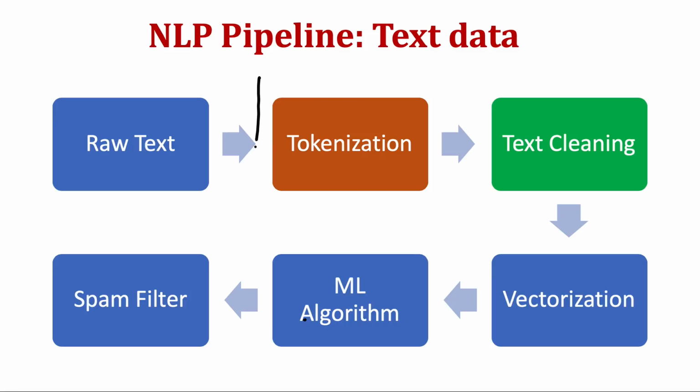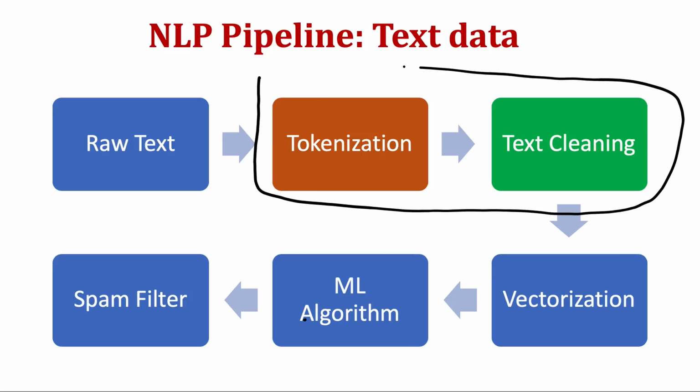So let's combine these two into one step, and we will call this pre-processing, because we are taking the raw text data and tokenizing it and cleaning it by removing stop words, punctuation, and other things, stemming, and then we are feeding it for vectorization.